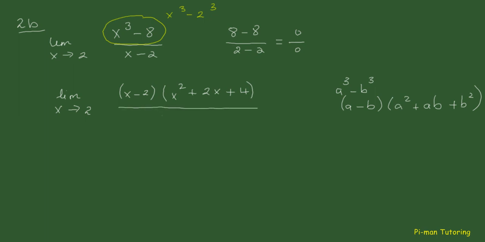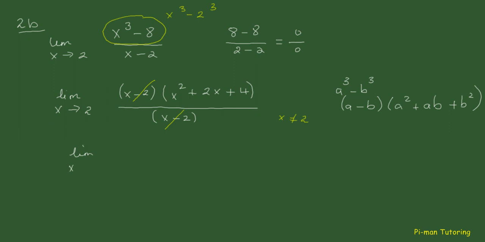And so again, we've identified a hole in the function, and we're able to cancel out those factors, top and bottom, and that means that x is not actually equal to 2. But that's okay because we're looking at the limit as x approaches 2, not when x equals 2.